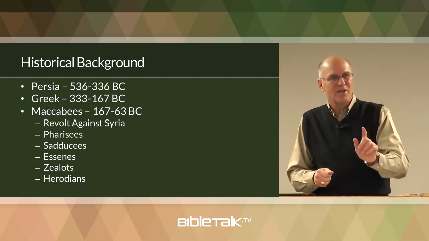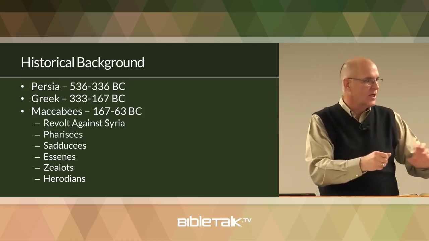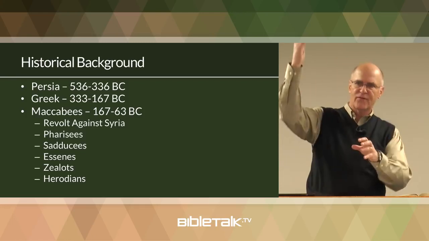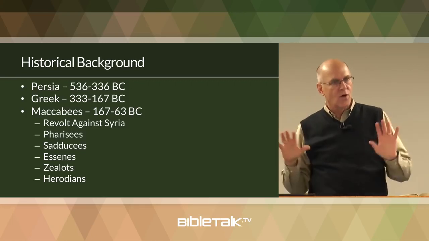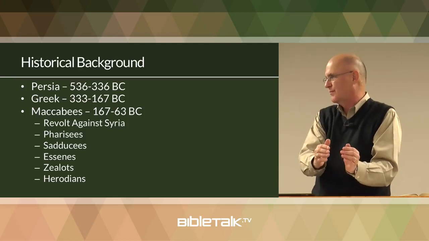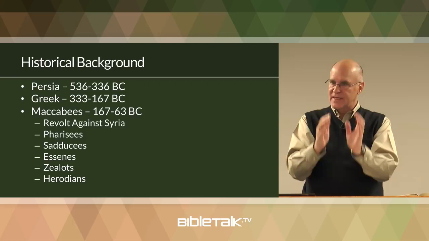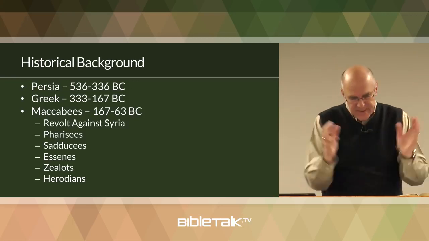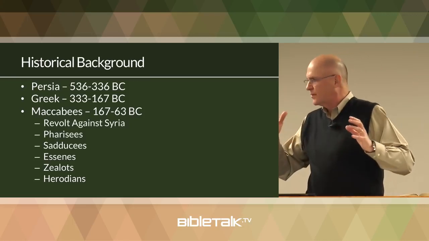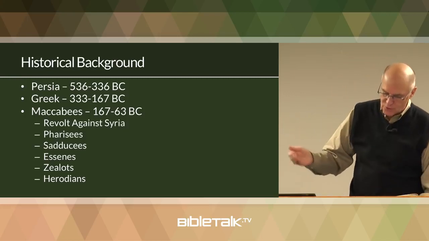They were the original ones who said, enough of Greek influence in our life and in our religion and in our culture and so on and so forth, enough of the Syrians taking over. We need to go back to the scriptures and go just with the scriptures. And so they were heroes at the beginning. They were seen as heroes. They saved, if you wish, the way of life that the Jews had that was dictated by the scriptures.